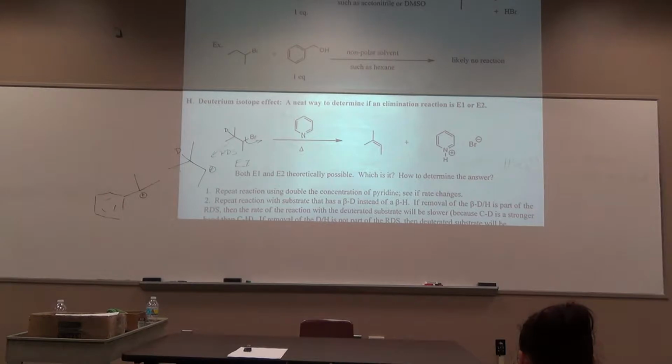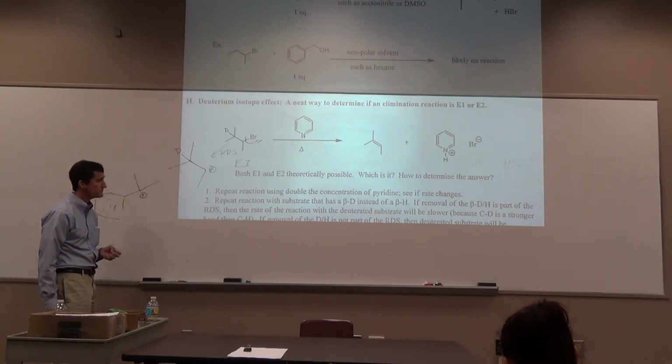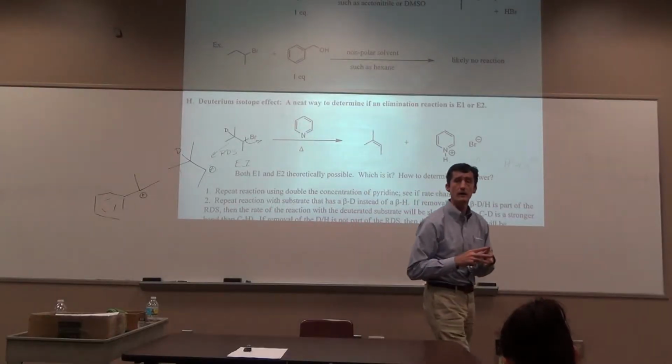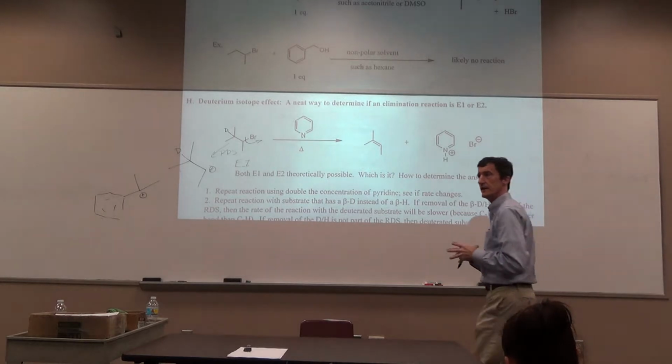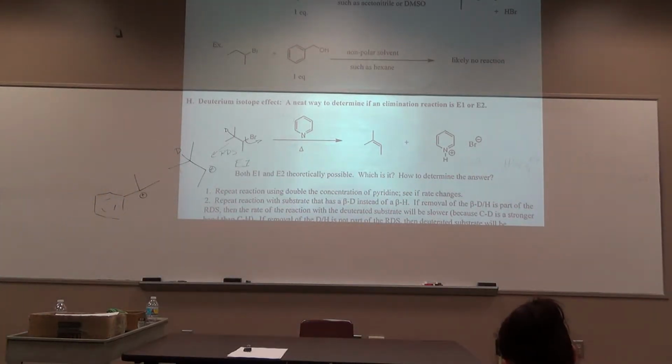So you do the experiment, you repeat it with a D and see if the rate changes. If it does, it's E2. It means it's being broken in the rate determining step. A C-D bond is about 7 times stronger than a C-H bond. That's what it says here. Do we understand that? It's rewritten right there. Does that make sense?